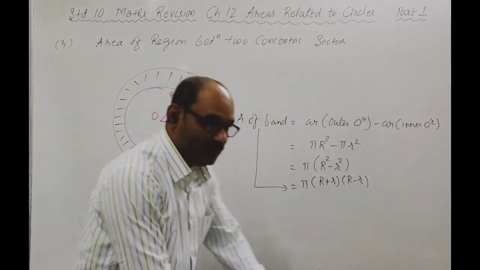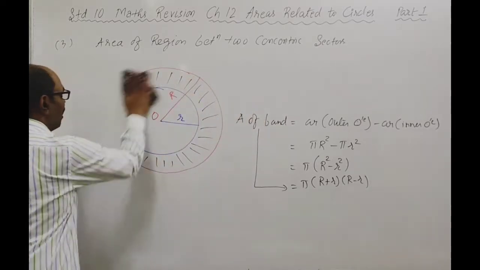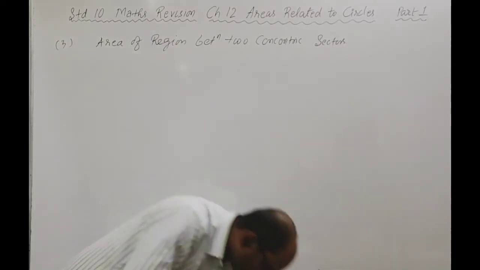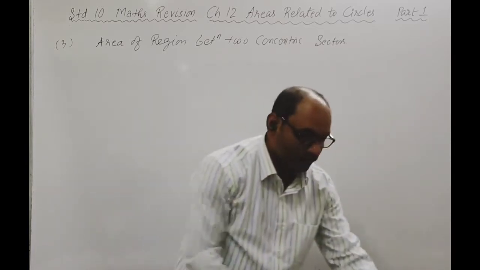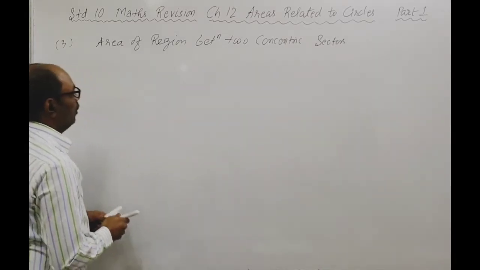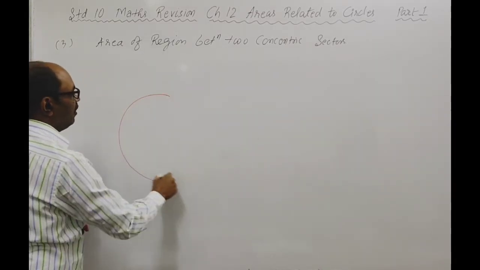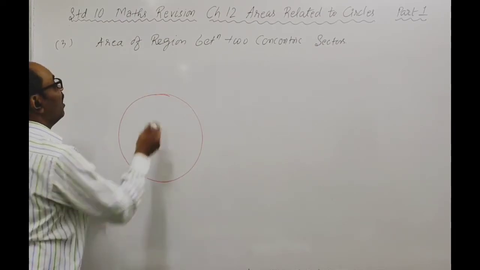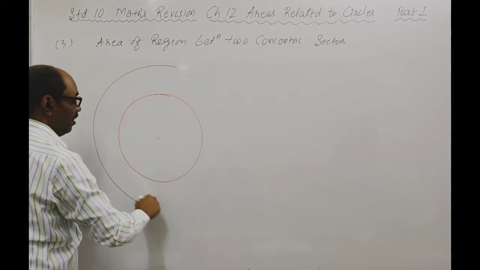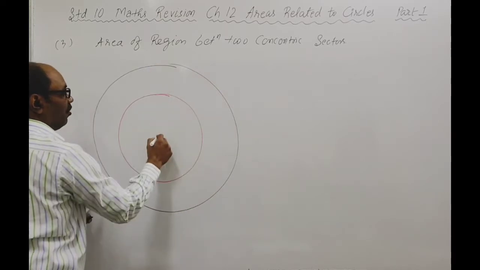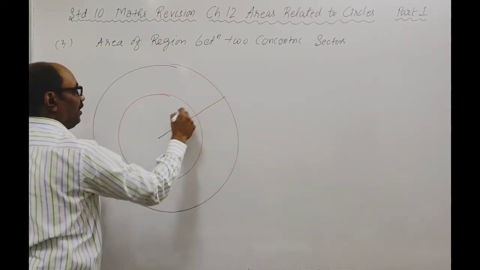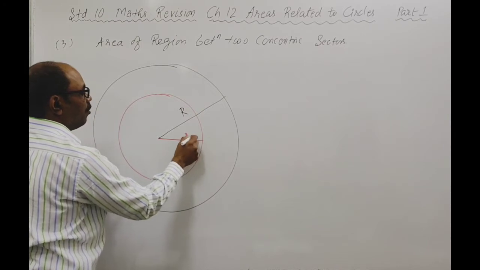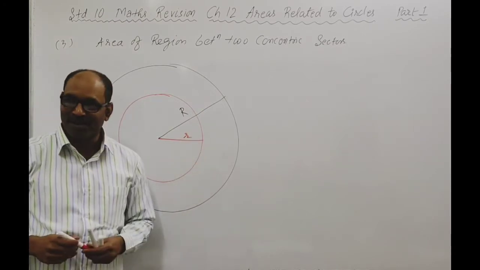In one of the sums, here is one circle with center O. There is another circle again with center O, with capital R and small r. The inner radius is small r, the outer radius is capital R.